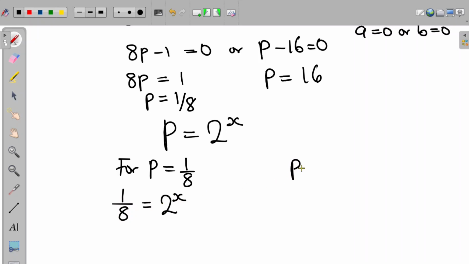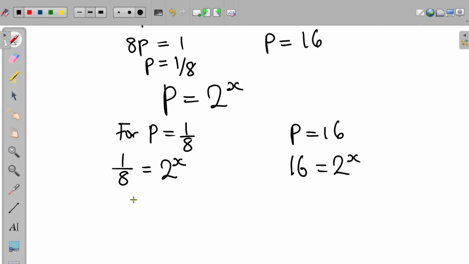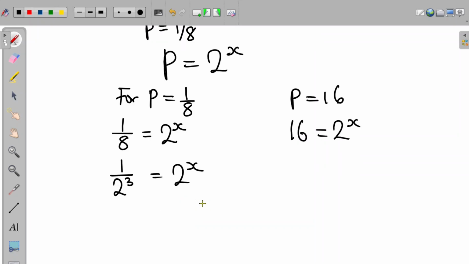And also for p equal to 16, we have it that 16 is equal to 2 to the power of x. So at this point here, we can express that 1 divided by 8 is written as 1 divided by 2 to the power of 3 equal to 2 to the power of x. So therefore, this becomes 2 to the power of negative 3 equal to 2 to the power of x. So since their bases are the same, we have it here that x is equal to -3.